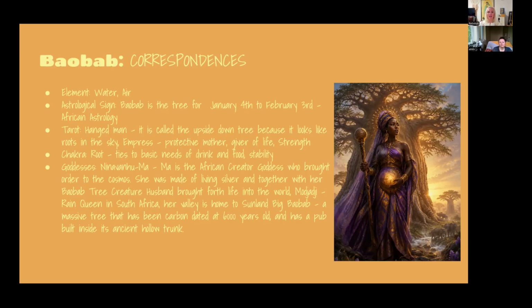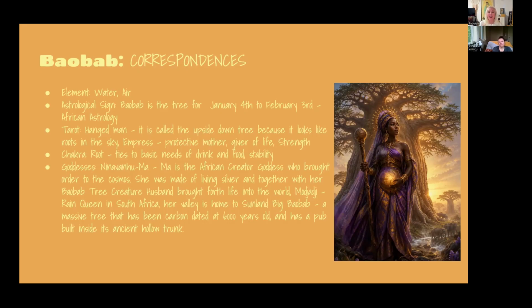And then Mojaji is a rain queen in South Africa. Some of these goddesses are tied to specific locations, so it would be hard to translate them. They're location specific even.